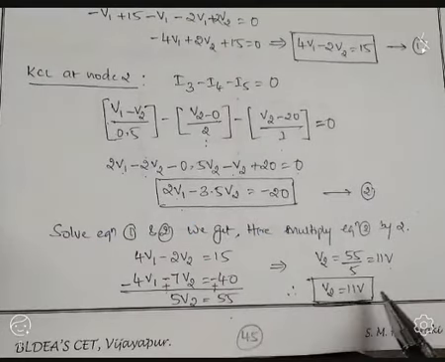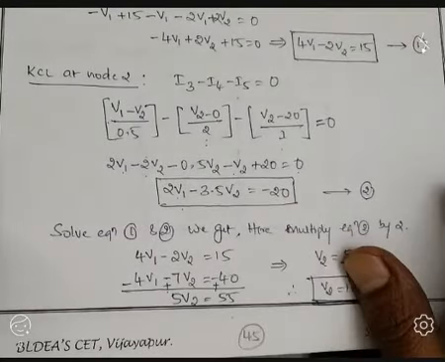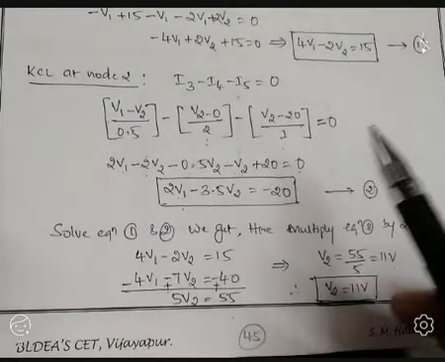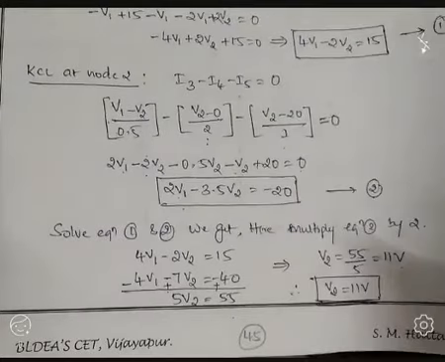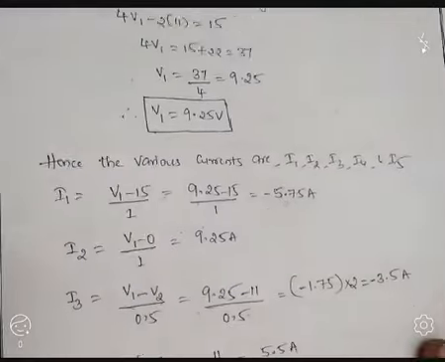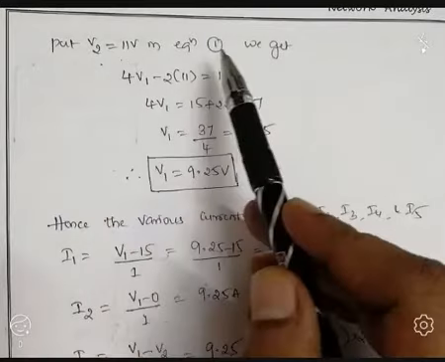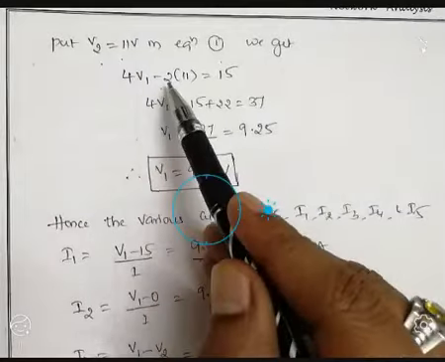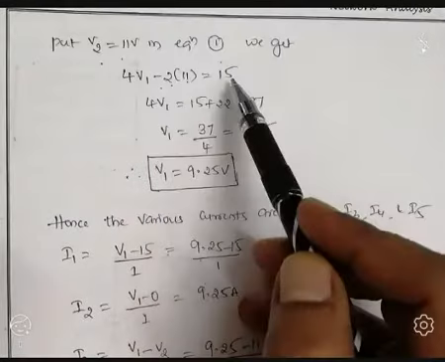If you substitute this value in either of these two equations, equation 1 or equation 2, we can calculate the value of V1. So now I am substituting the value of V2 in equation 1. Put V2 equal to 11 volt in equation 1: 4V1 minus 2V2 is equal to 15.